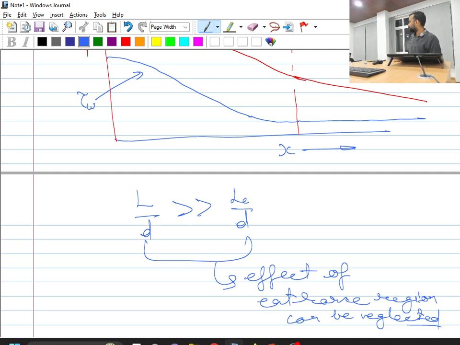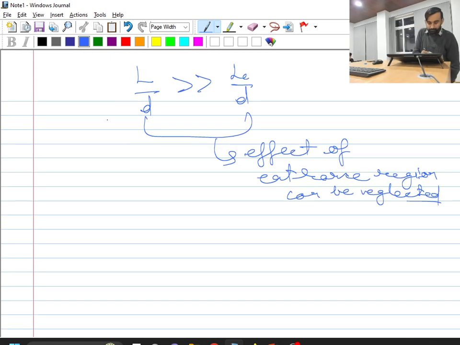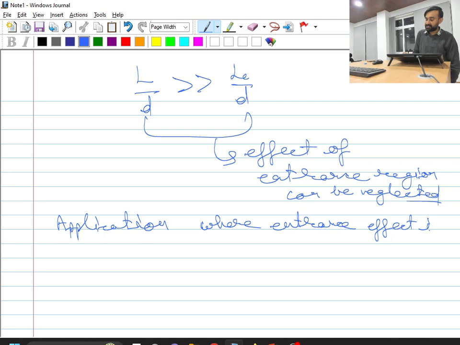Is this point clear? There are certain applications where the entrance region is desirable. Can you tell me any application where you think the entrance effect is desirable?